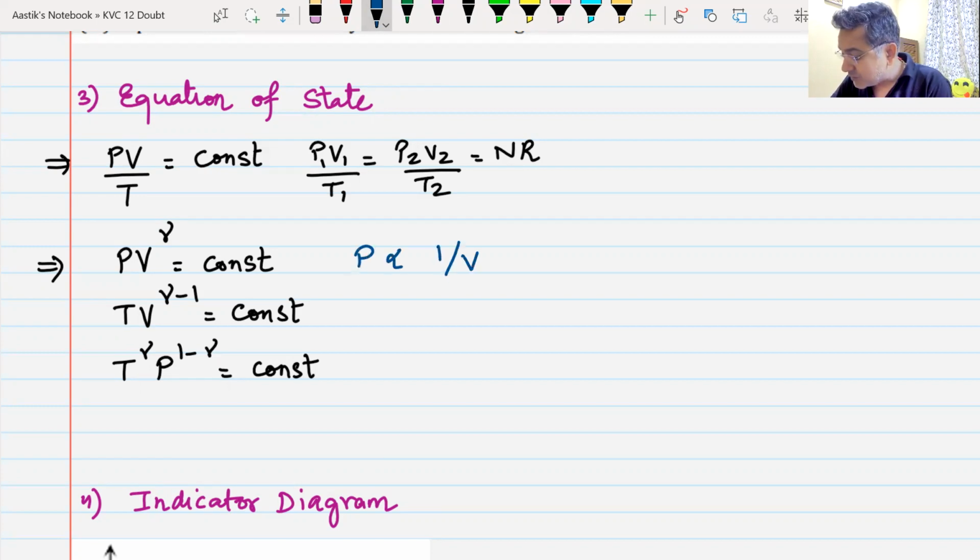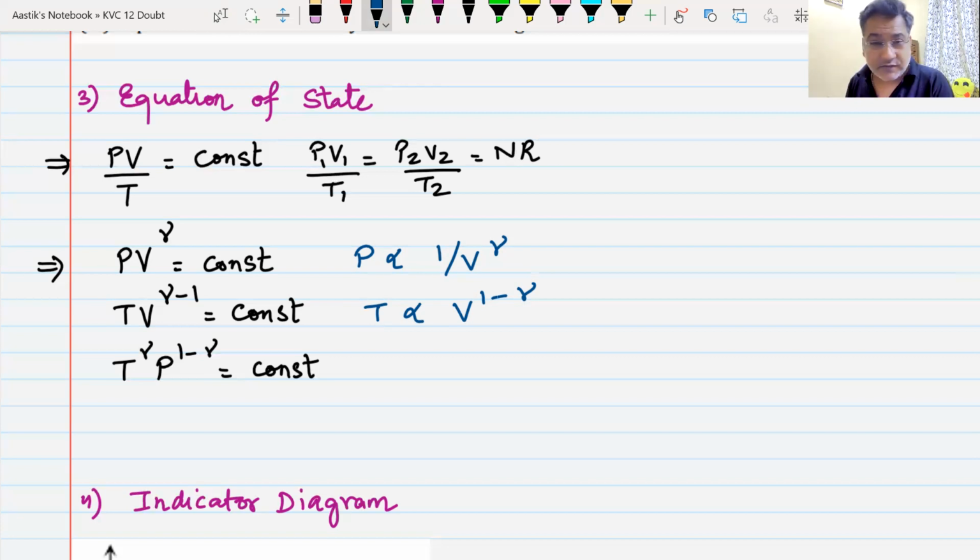P is inversely proportional to V raised to the power gamma. TV raised to the power gamma minus 1 is constant, so I can write T is proportional to V raised to the power 1 minus gamma. Different ways in which you can remember the same equation.